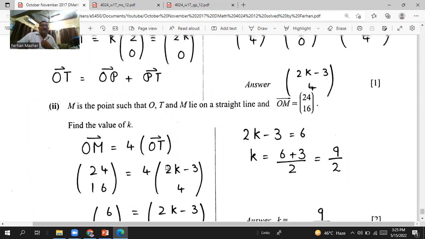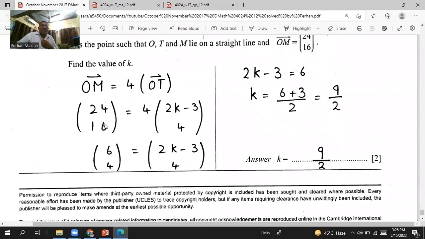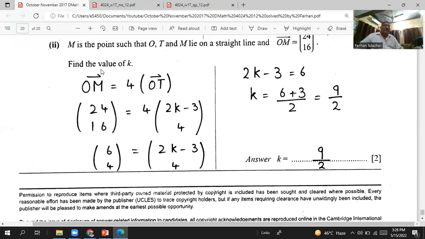And the OT will be (2K minus 3, 4). So divide both sides by 4, you get 16 by 4 equals to 2K minus 3. So 2K minus 3 is equal to 6. So you will have K equals to (6 plus 3) divided by 2. And that will be 9 by 2.